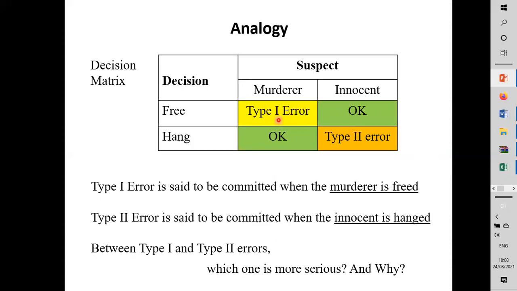In this context, what does it mean to minimize type 1 error? What does it mean to reduce type 1 error? Increase your confidence interval? No. More sample to reduce the error?